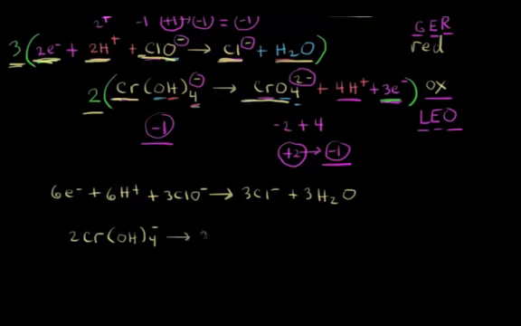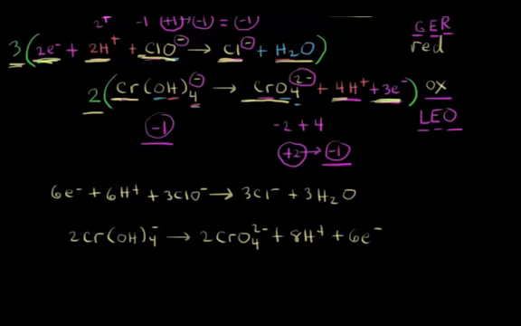So I would have 2CrO4 2 minus. The 2 applies, right? 2 times 4 gives me 8 protons, so I have 8 protons here. And then finally 2 times the 3 electrons gives me those 6 electrons. And so now we have 6 electrons for my reduction half reaction and 6 electrons for my oxidation half reaction.